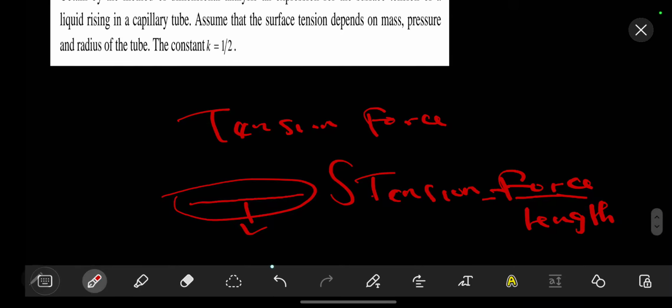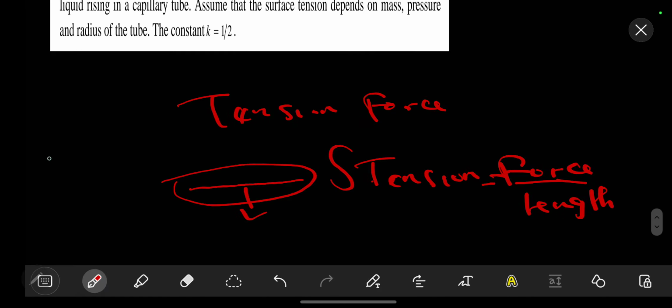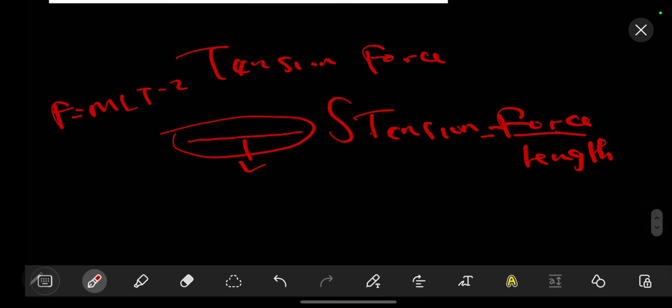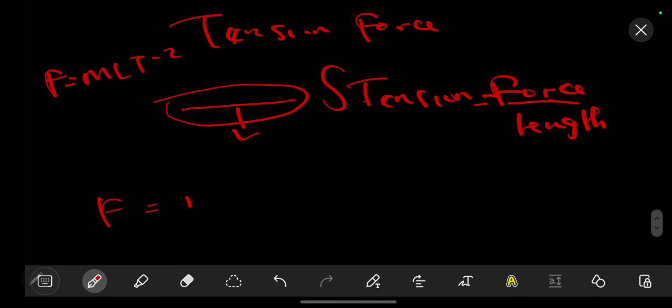We already know and have established that our force is equal to MLT raised to the power negative 2.